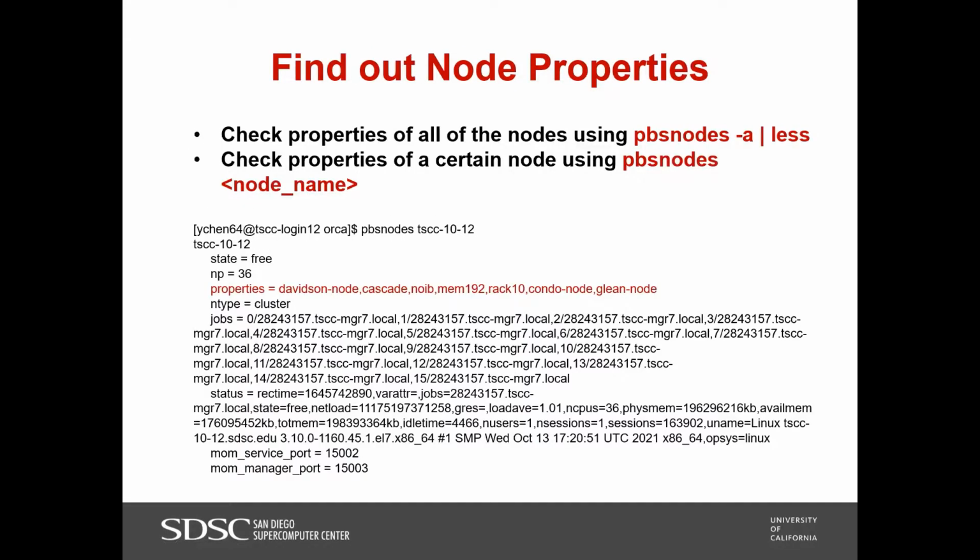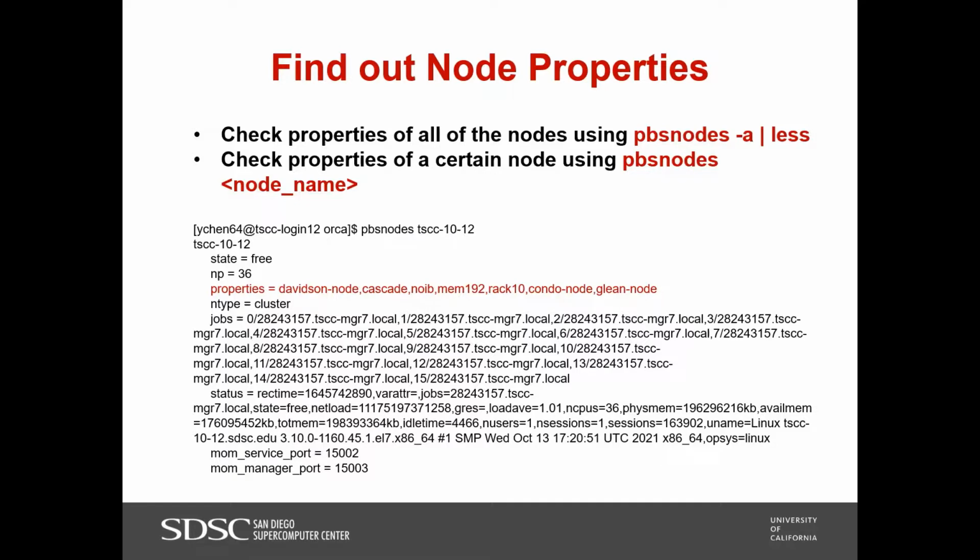If you want to find out those properties, you can use a command called pbsnodes. It's pbsnodes -a, because that will print out a very long list. I'd suggest that you pipe the output to the less command, so it will be displayed page by page.